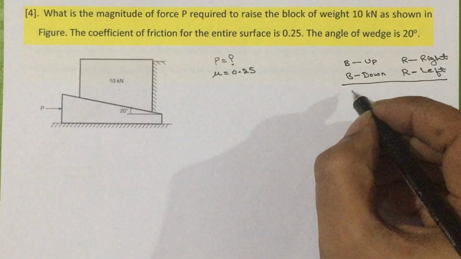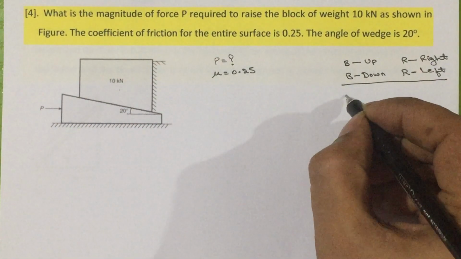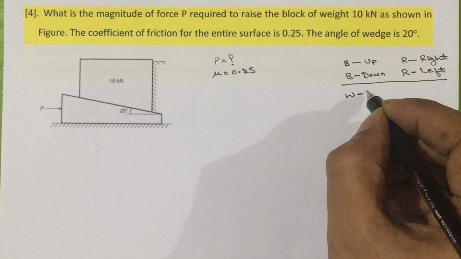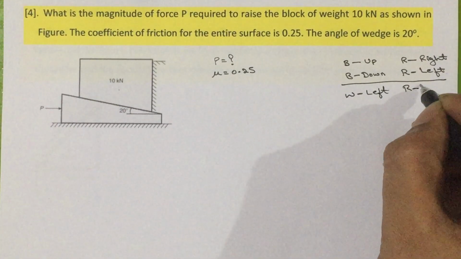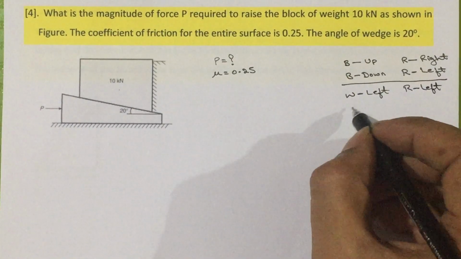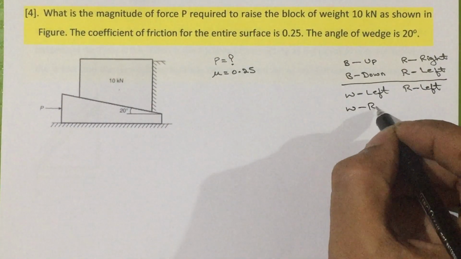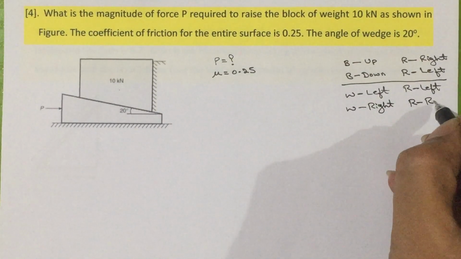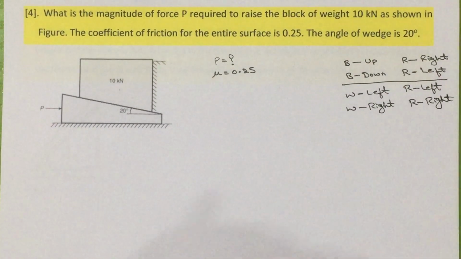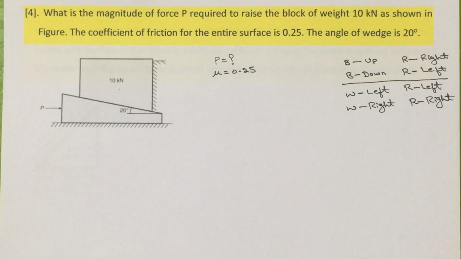Then if we come to the wedge, if the wedge is moving left, then reaction will come in the left quadrant. If the wedge is moving right, then reaction will be in the right quadrant. Okay, that's all.